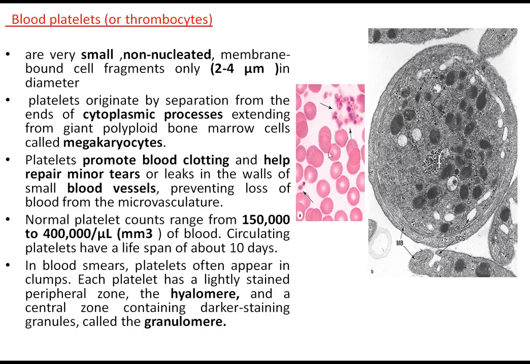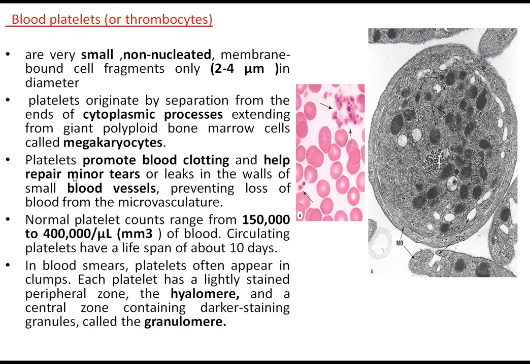The precursor of platelets is the megakaryocyte, a giant polyploid cell located in the bone marrow. When it differentiates, the cytoplasmic processes of the megakaryocyte pinch off to form platelets.